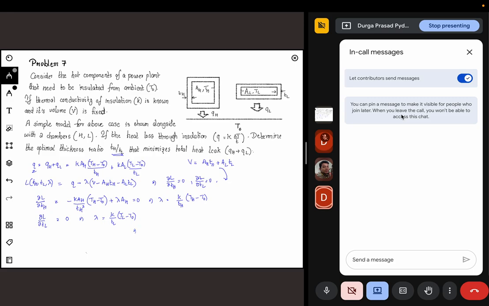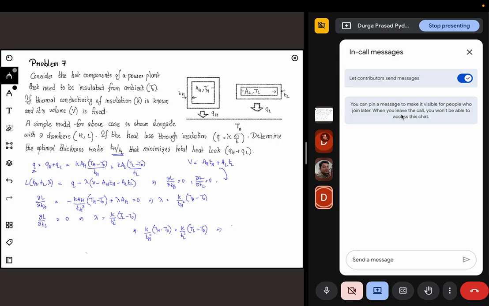Sorry, there is a square here I missed out.